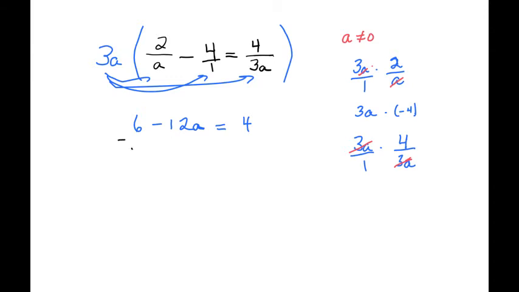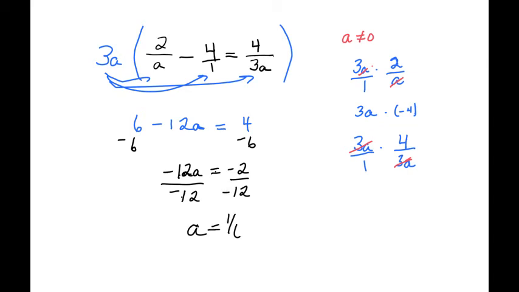Subtract 6 from both sides. That would give us minus 12a equals minus 2. And then divide by negative 12. And we get the answer of a equals 1/6.